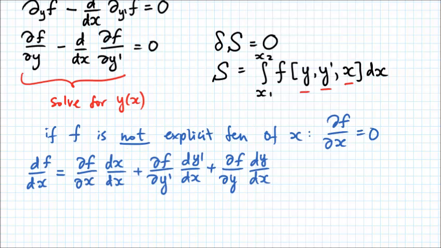Now we can do some simplifications. This is 1. This here we'll call y double prime, and this here we'll call y prime.